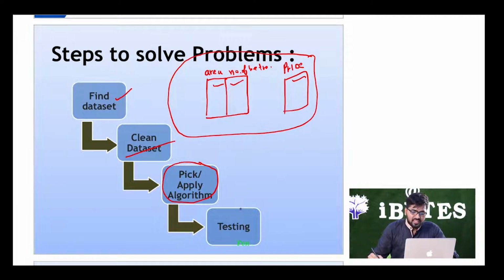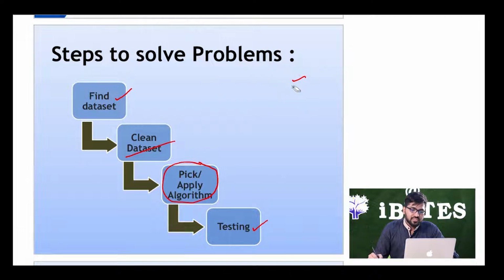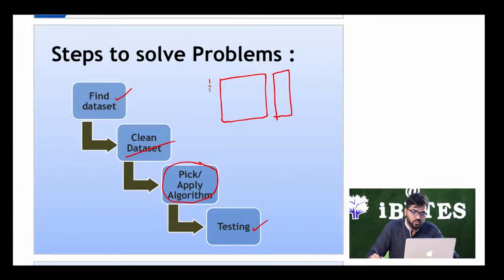The last and the most important step is the step of testing. Just consider that for this same problem, we went to the market and got past data of 100 houses. You used all of this data, built a model and released it in the market.